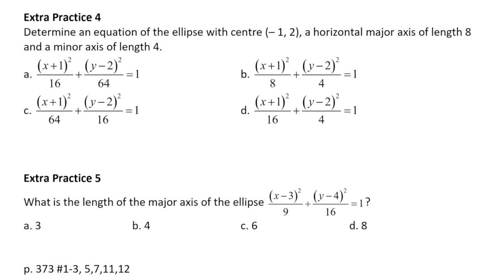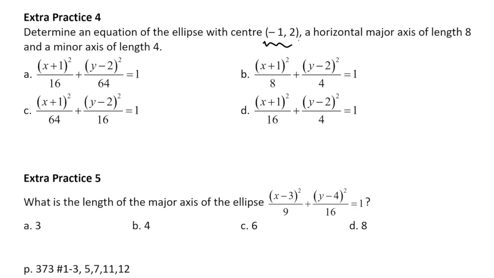So if you have a center of -1, 2, I would say every single one of those has a center of -1, 2. The horizontal major axis, so connected to your x, is of length 8.